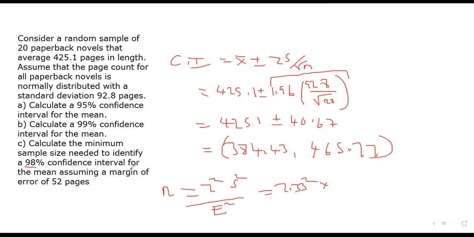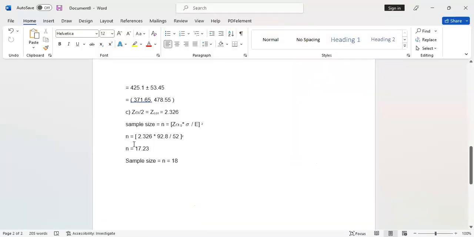Our standard deviation has already been given as 92.8. Our error is 52, squared. When you calculate that, you're going to find about 17.23, or 18 approximately. So this is there in our miracle kit.